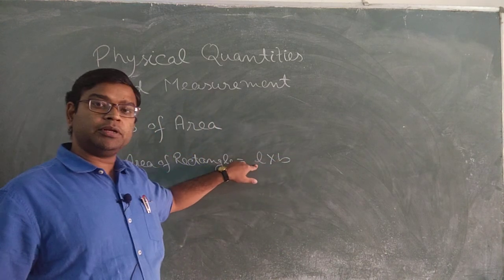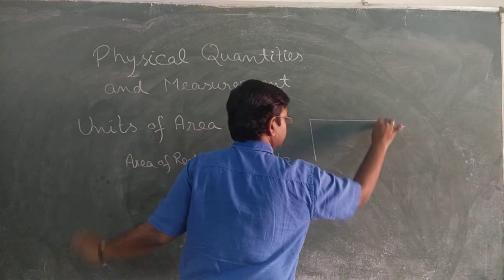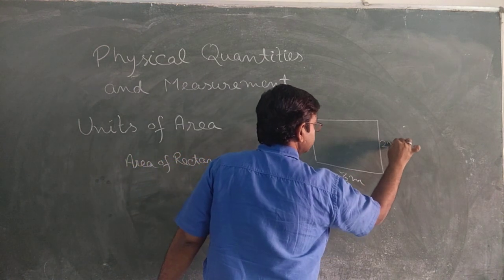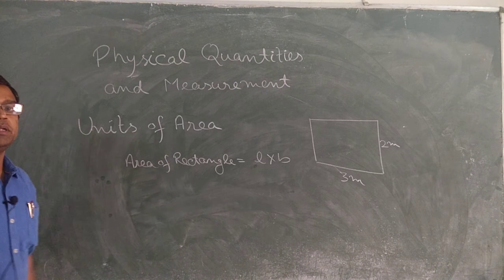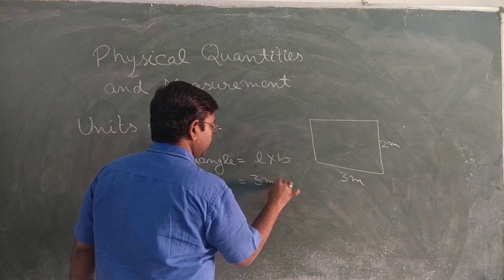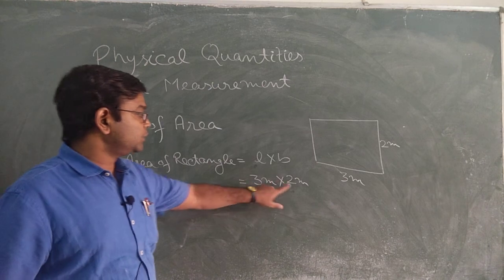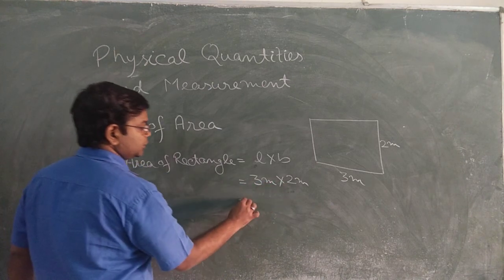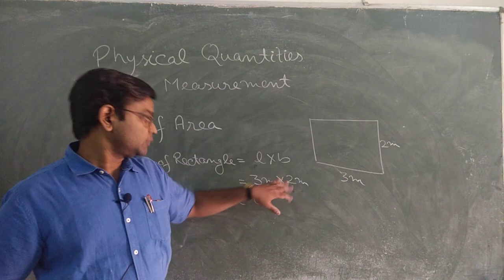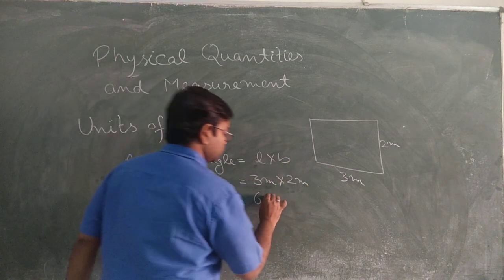Length itself is a length unit, and breadth is also a length unit. Suppose we have a rectangle having two sides, 3 meter and 2 meter: 3 meter length, 2 meter breadth. First we multiply the numbers, 3 into 2, which is 6. Now m into m: the length unit is meter, the breadth unit is meter, meter into meter is meter square.